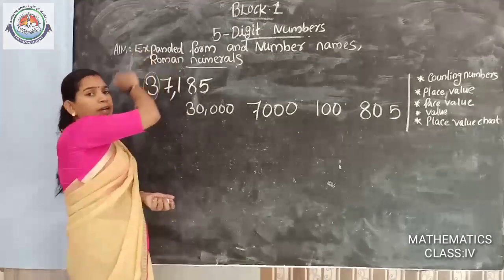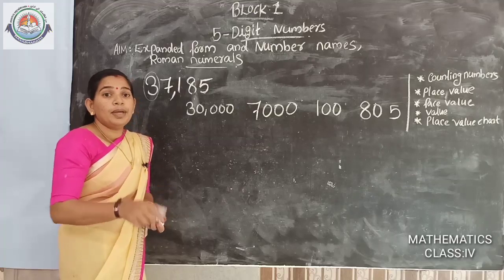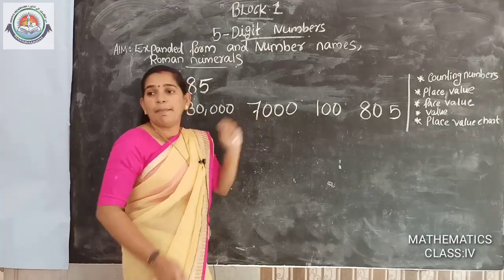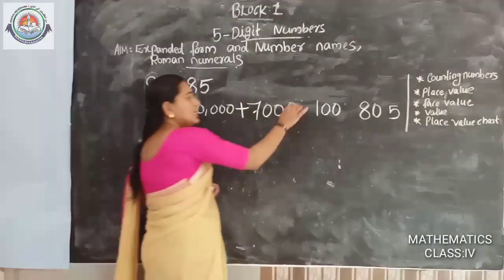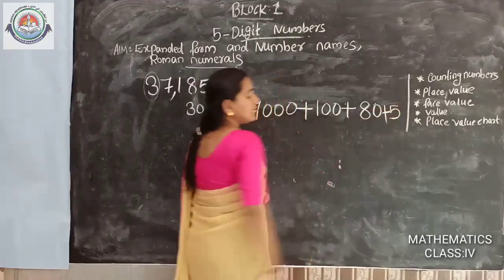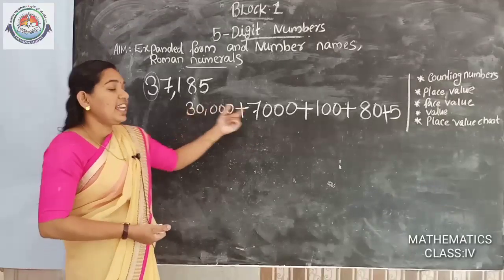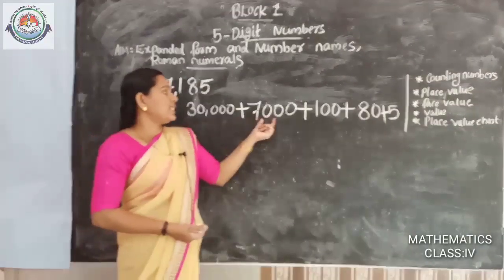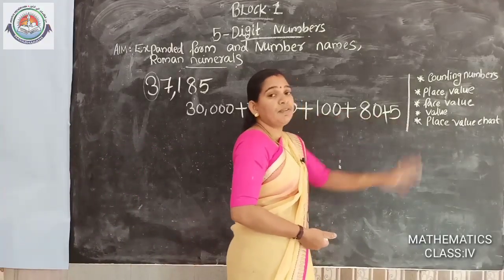Then we want to find how to write the expanded form. Expanded form is the sum of the values of the digits in a number. So we find the sum. We put the plus symbol, the addition symbol, between each of the values: 30,000 plus 7,000 plus 100 plus 80 plus 5.